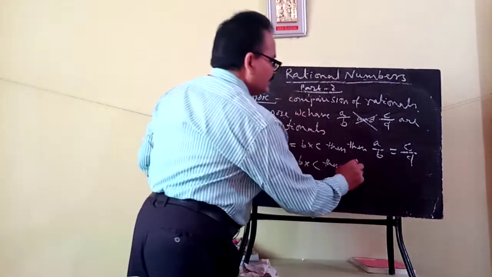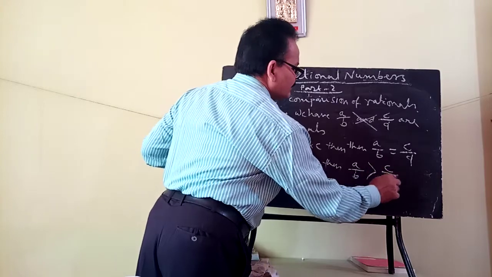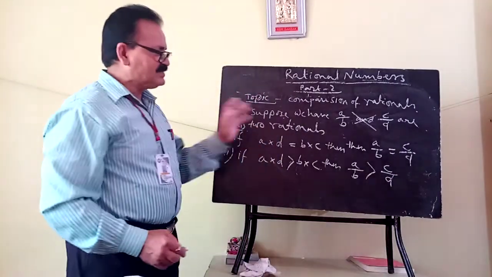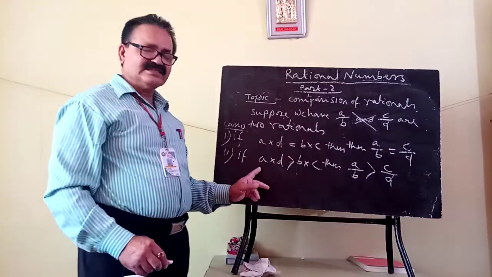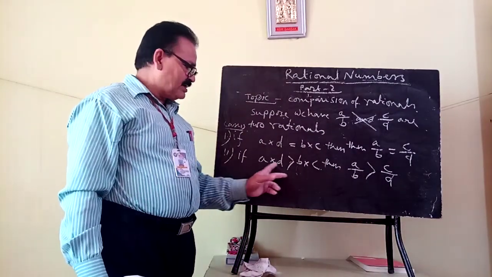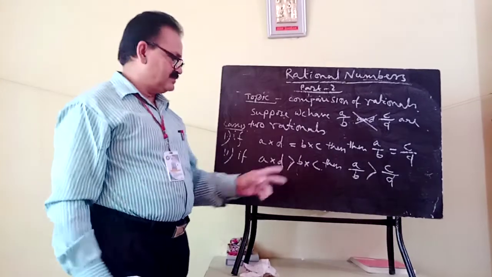So A by B must be greater than C by D. That means the first rational is greater than the second rational, because A is the numerator and the product of A and D is greater than B and C.